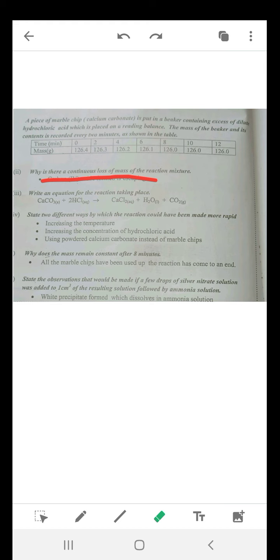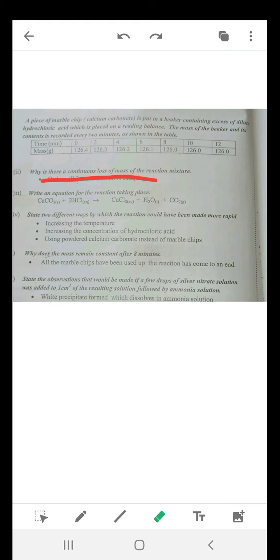So if you are using such a type of reaction, just like ours, hydrochloric acid is in solution form, then marble chips or calcium carbonate is in solid form. So we can increase the rate of reaction by increasing the surface area in contact with the acid.